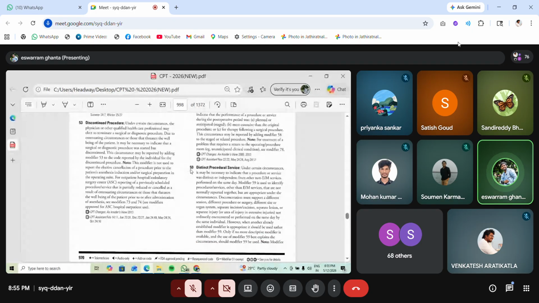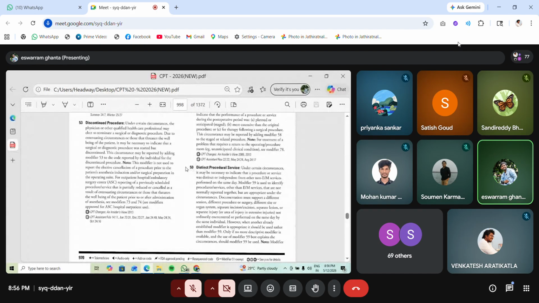So when the 59 modifier is used, for example, debridement was done for the skin, and at the same time laceration repair was also done by the physician. Debridement is one procedure and laceration repair is a separate procedure. That means both are different procedures. One procedure is different from another procedure. In that scenario we can use 59.